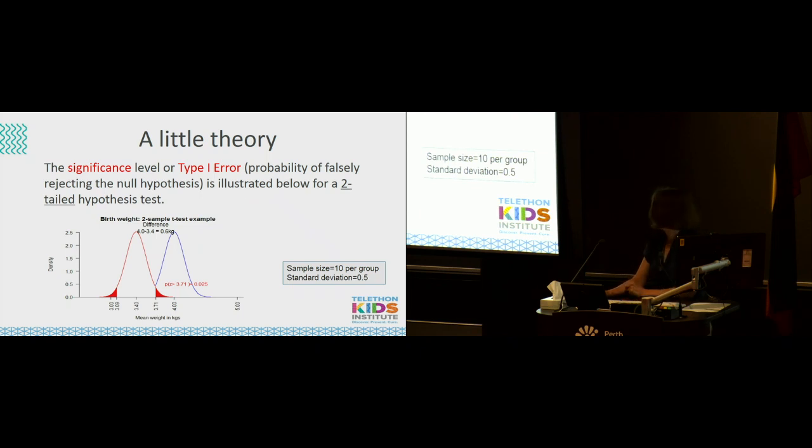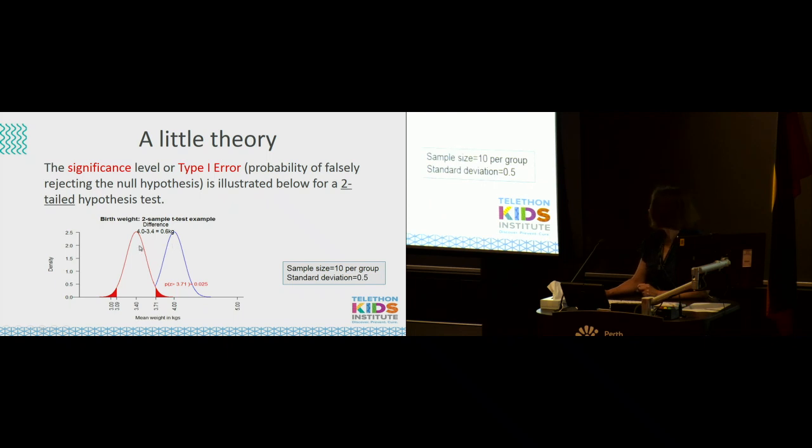But going through exactly what the significance is, so in the previous example, if you now consider this red curve here, the null distribution, and you consider the blue one here, the alternate hypothesis, so the null hypothesis and the alternate hypothesis.